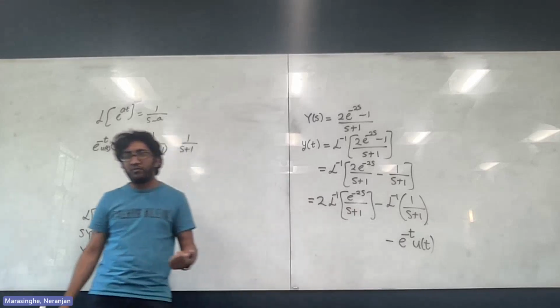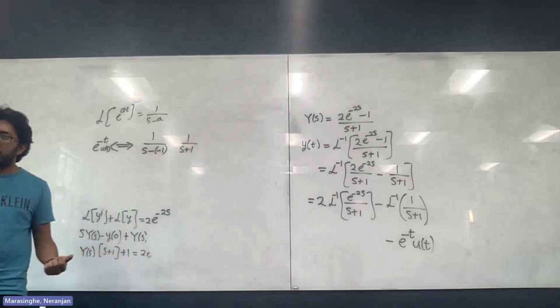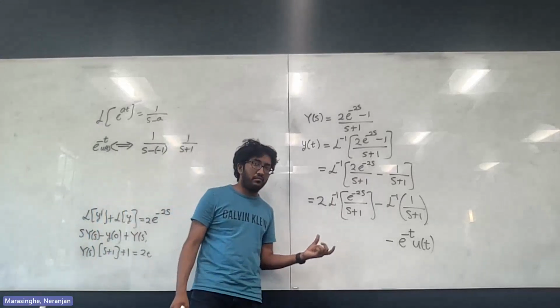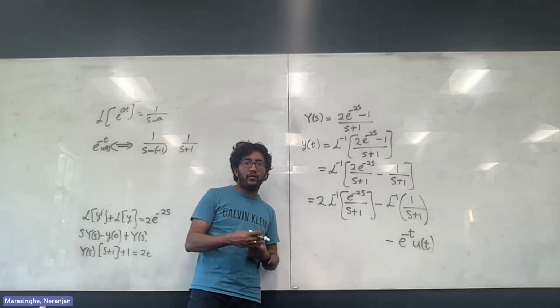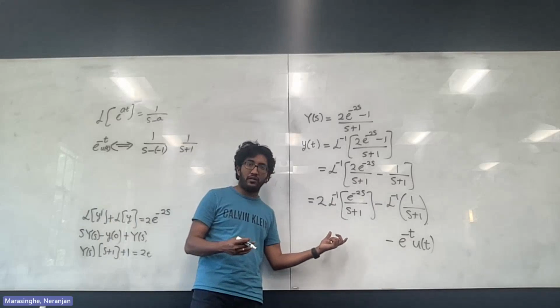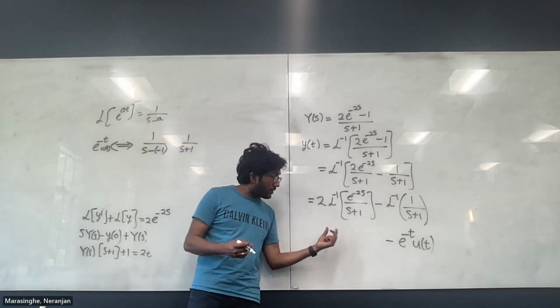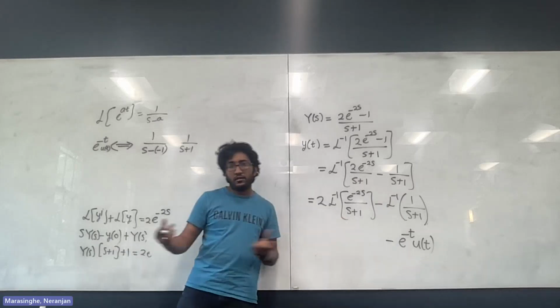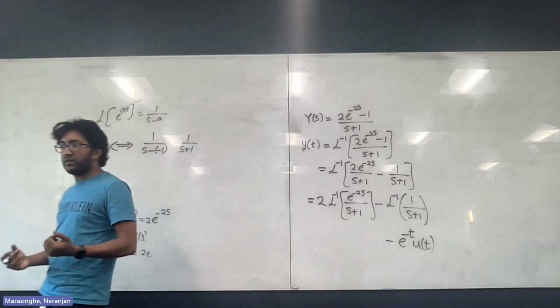So what would happen in the time domain? Translation, right? So remember that idea. That is the second translation theorem. Translation in the time domain would result in multiplication by an exponential in the Laplace domain, and multiplication by an exponential in the time domain would result in translation in the Laplace domain.